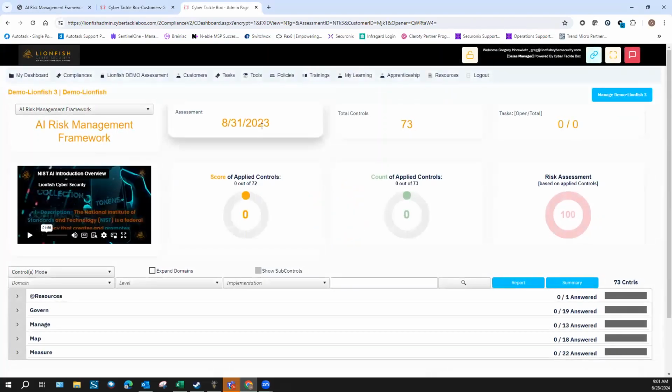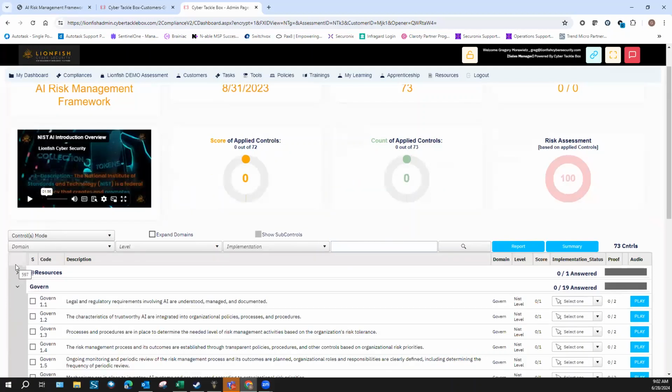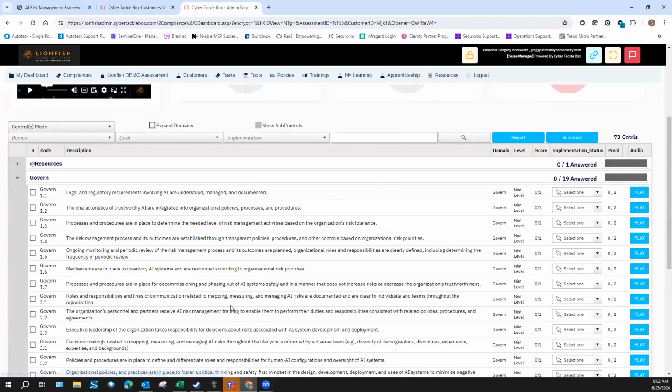The Lionfish platform allows you to track all of your tasks and schedule tasks. It has policy examples and it has all the controls. It also tells you which controls are similar to other controls so that you can use them in a cross-functional manner. You have the ability to mark them as done.